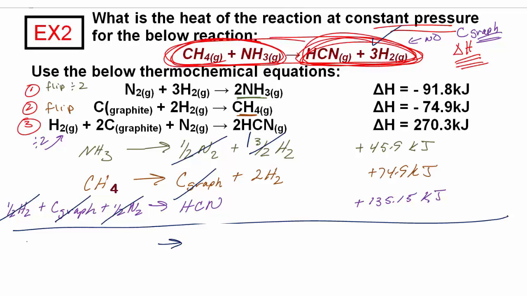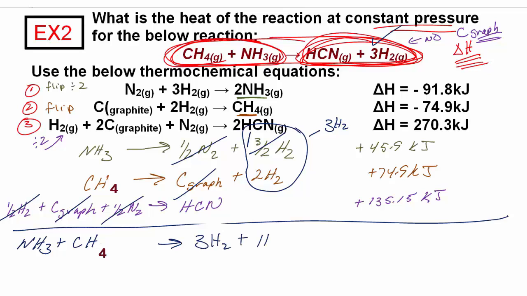All my products, I'm going to have ammonia. It's going to form 1 hydrogen and 2 hydrogens. That's 3 hydrogens. So 3 hydrogens and my HCN. It matches. Great.